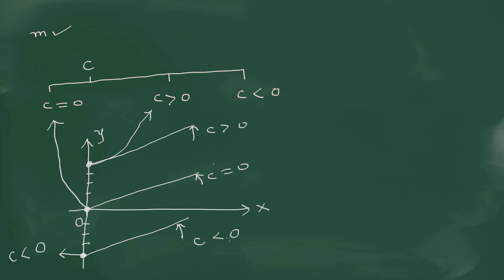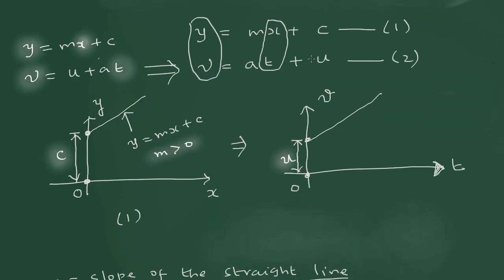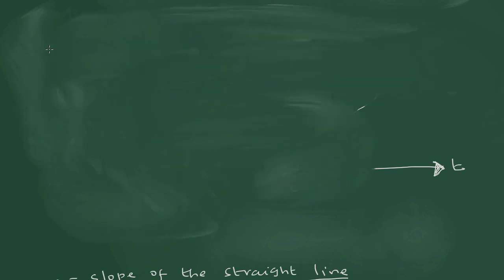So in particular, what is to be noted here is the following. Even though we have many possibilities, what is the important point to remember is the following. So let us once again erase this. There is something which, if you remember, we can quickly see what kind of straight line will come.